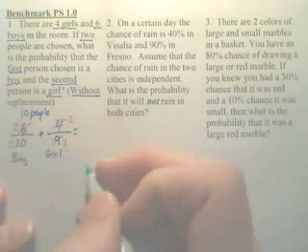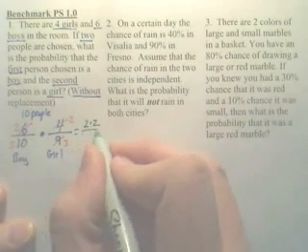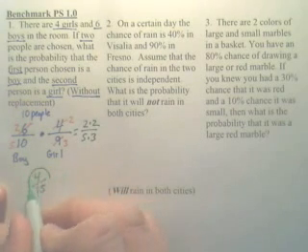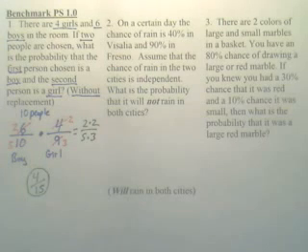So my answer looks like it's going to be 2 times 2 over 5 times 3, which is 4/15. You have a 4 in 15 chance of getting a boy and then a girl in this particular problem.